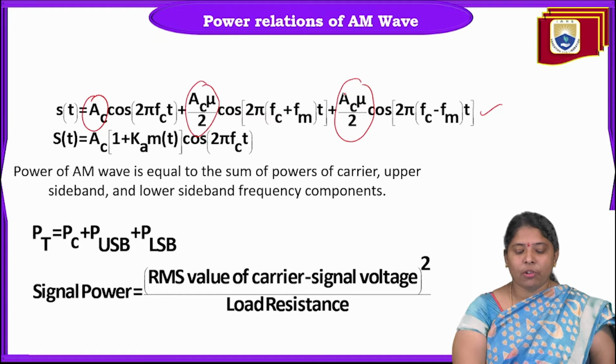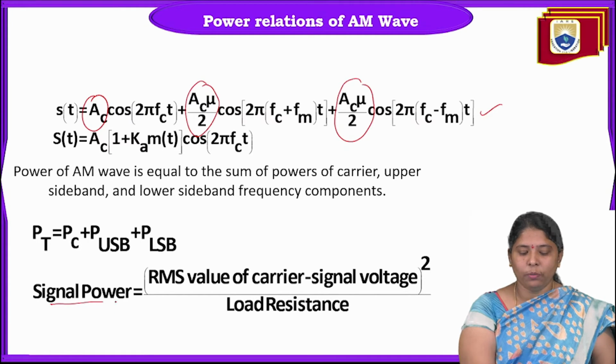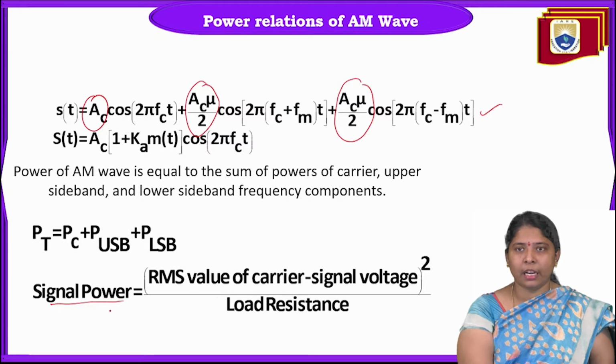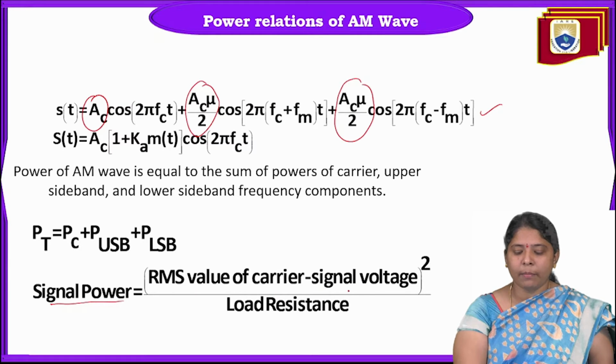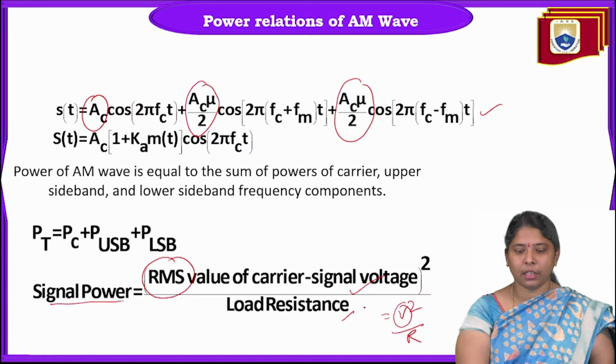In the calculation of power, as we know, for an AC signal we are going to take the RMS value, root mean square value, divided by load resistance. We know V square by R as the power, but here we take the RMS value.